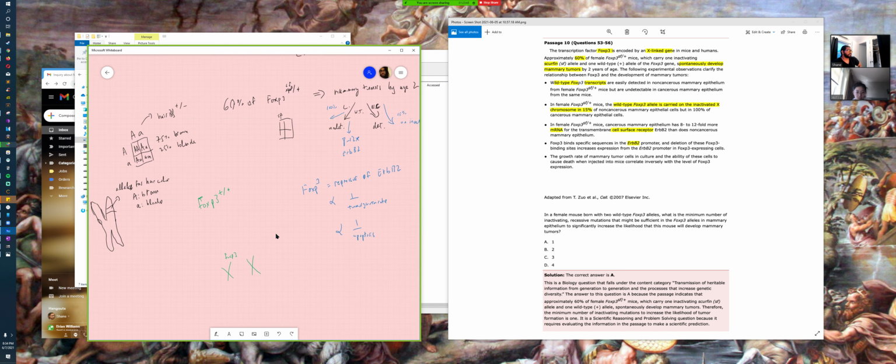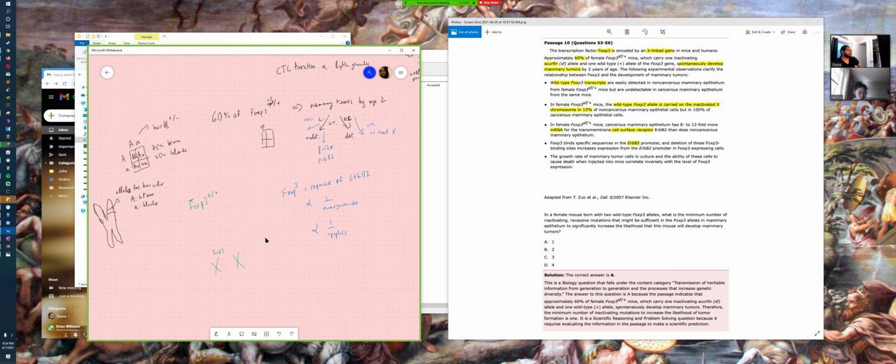I kind of didn't know where to even start to think about this question. So if we know that 60% of those with SF as an allele and a wild type FOXP3 allele produce mammary tumors by age 2, that's more than 50%, right?